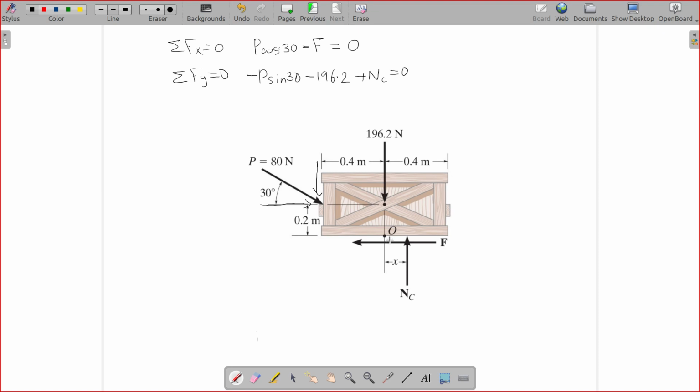The distance is 0. So that component becomes 0. But if you take a point other than O, the moment due to this force will not become 0, and that's not a problem, but your calculations will become difficult.